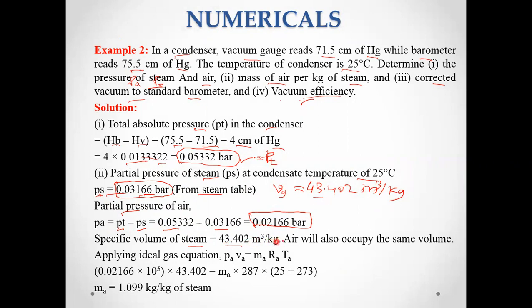So specific volume of this steam is 43.402 meter cube per kg. So air will also occupy the same volume of the steam. Okay, so by using the ideal gas equation, PV is equal to MRT.